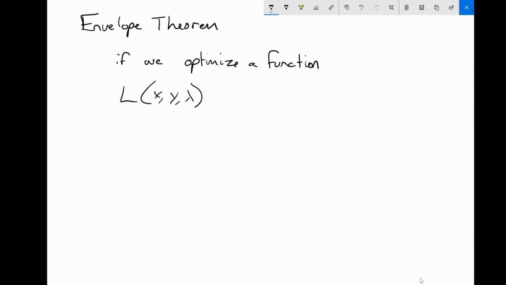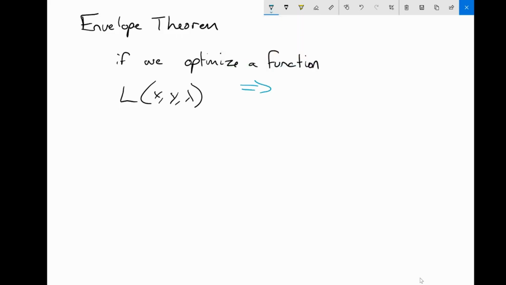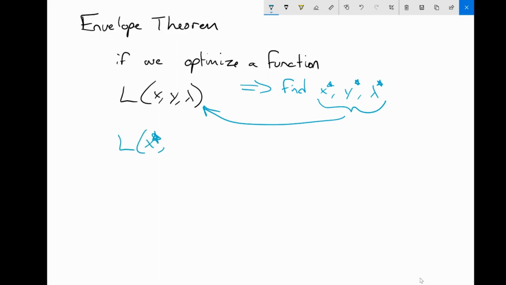That means that we find x star, y star, lambda star. These are the values at which this function reaches an optimal. We take them and we plug them back in, we will get this indirect utility function, or indirect objective function. So it's basically the objective function at its optimal.